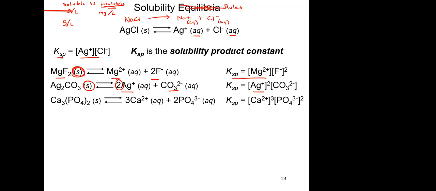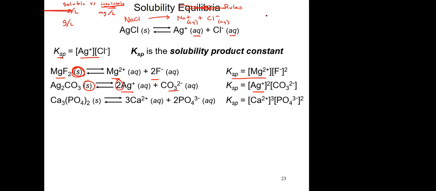Okay? Now, what does this mean? So Ksp is the one that we have at equilibrium. But you can also express it like Q. What is this Q?